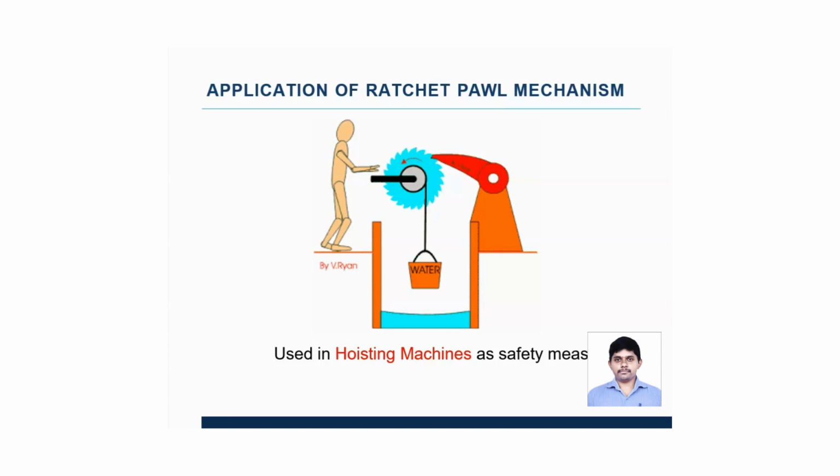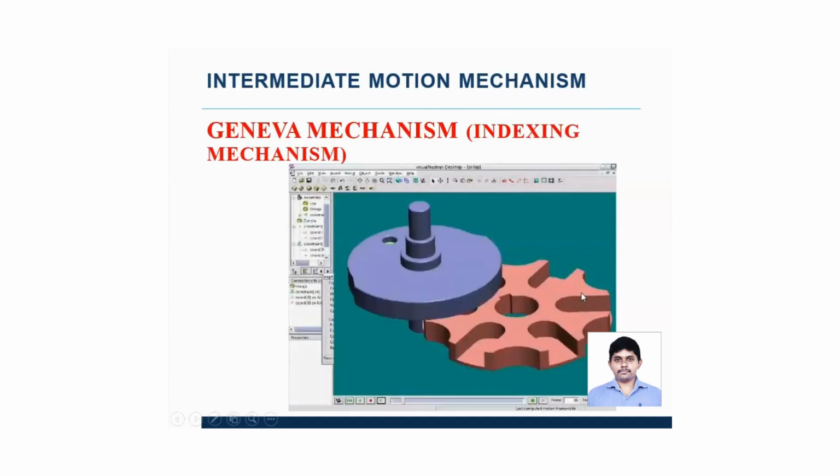Because of this rotary motion, when the rotation takes place, the water is pulled up, and with this intermittent motion it is lifted slowly, point by point, from the well until it reaches the maximum level of the person who is going to lift it.